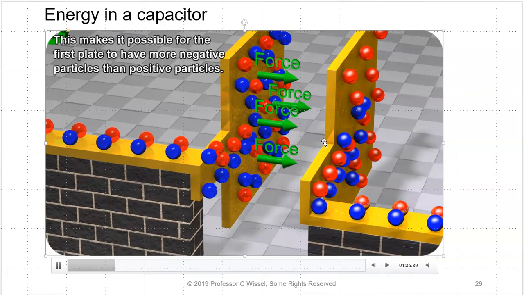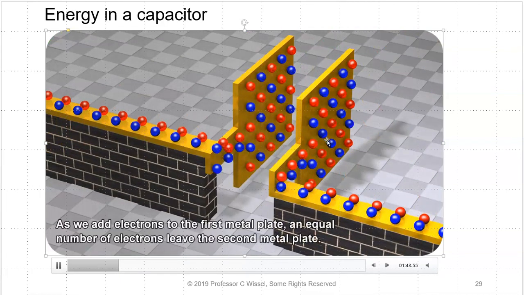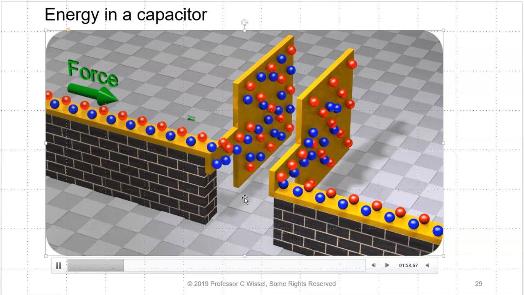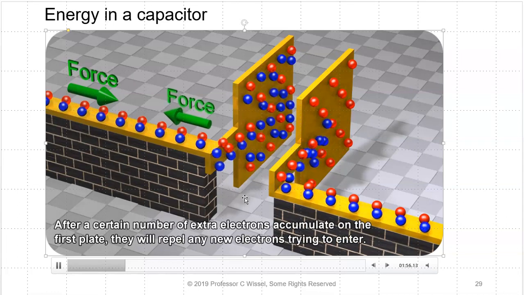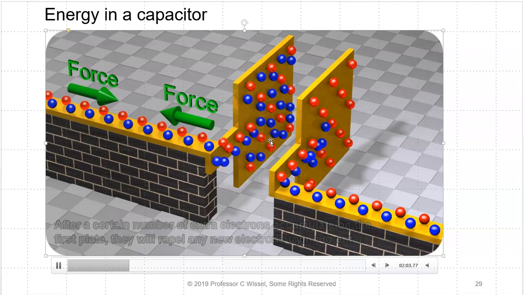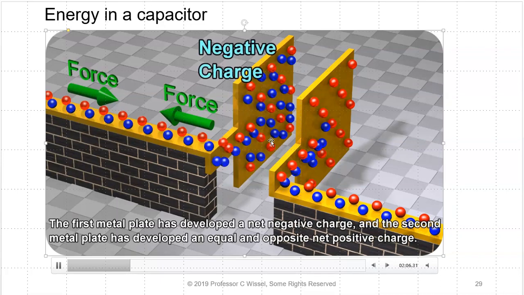This makes it possible for the first plate to have more negative particles than positive particles. As we add electrons to the first metal plate, an equal number of electrons leave the second metal plate. After a certain number of extra electrons accumulate on the first plate, they will repel any new electrons trying to enter. The first metal plate has developed a net negative charge, and the second metal plate has developed an equal and opposite net positive charge.